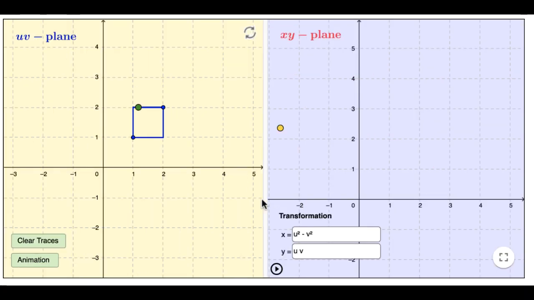This is the other change of coordinates that I mentioned in the video: x equals u squared minus v squared, and y equals u times v. And here again, this one is a bit harder to figure out what's going on. So let me just show you the animation. We're going to go around a square, and you'll see what the square gets mapped to.